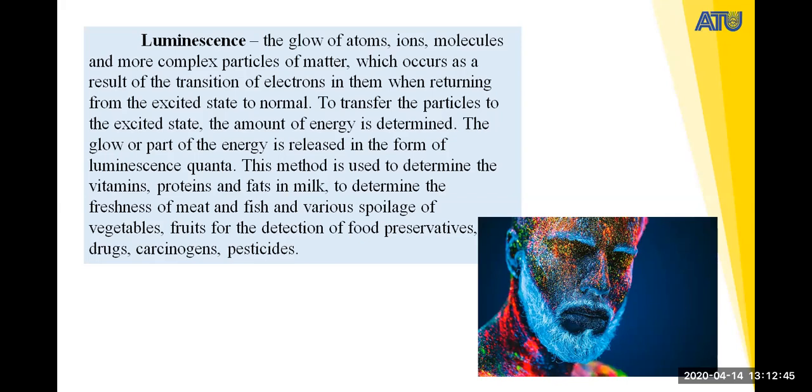The glow is the release of part of the energy in the form of luminescent quanta. This method is used to determine vitamins, proteins, and fats in milk, to determine the freshness of meat and fish, and the condition of vegetables and fruits, and for the detection of food preservatives, drugs, carcinogens, pesticides, and others.